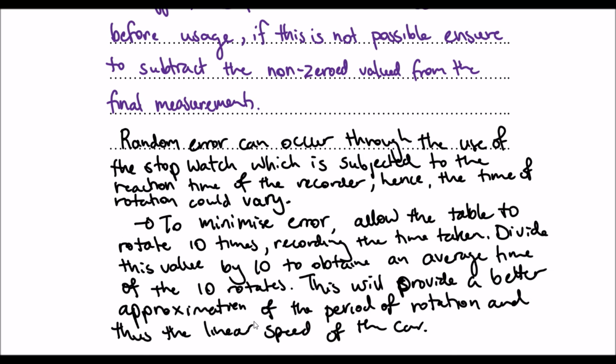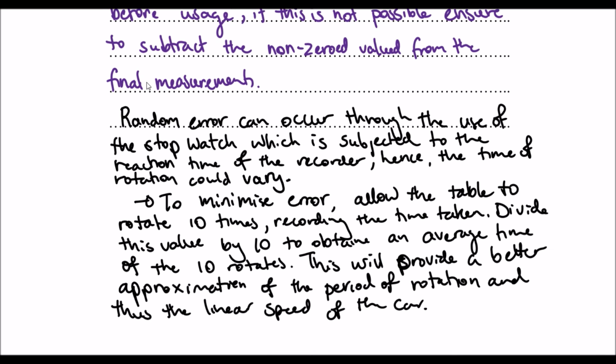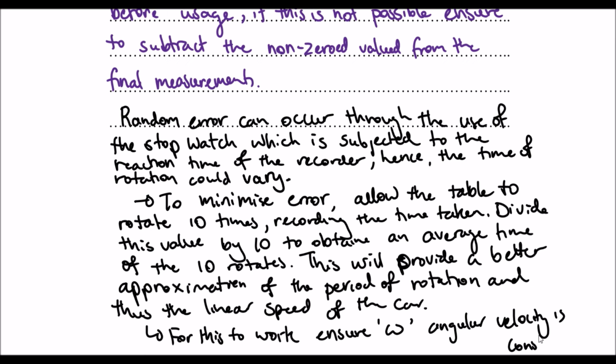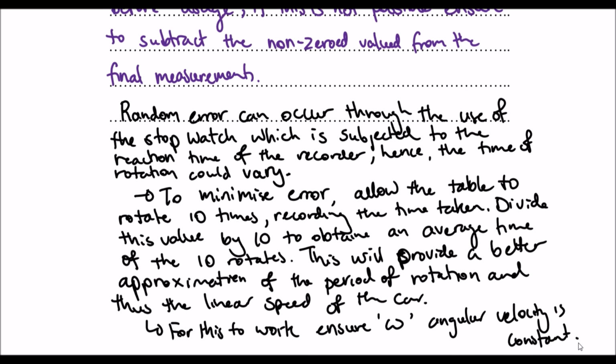Obviously, if we want to calculate the linear speed, let's also make sure that the table is rotating at a constant angular velocity. So for this to work, ensure omega, which is angular velocity, is constant. Okay, and so that's what we get.